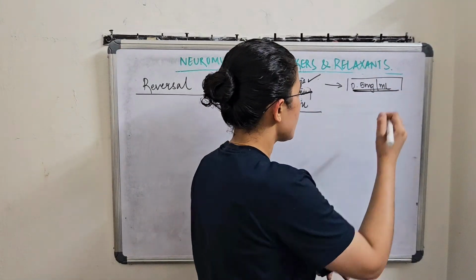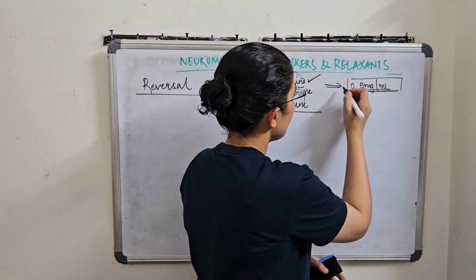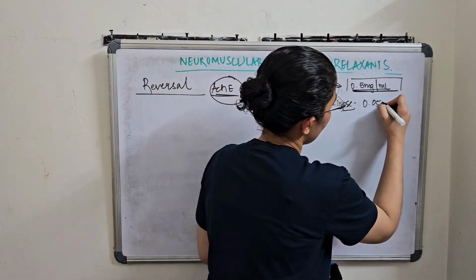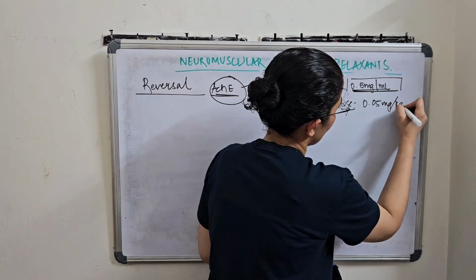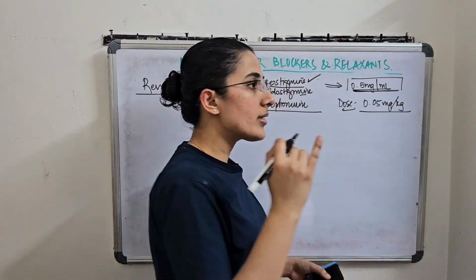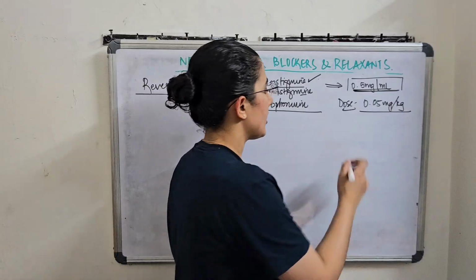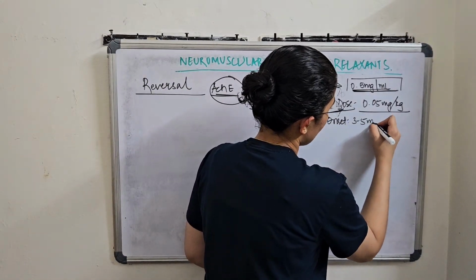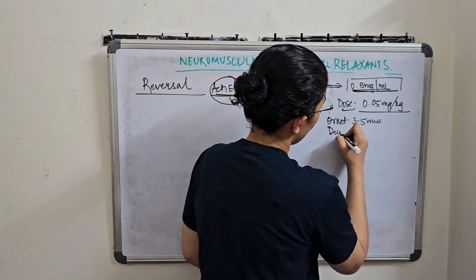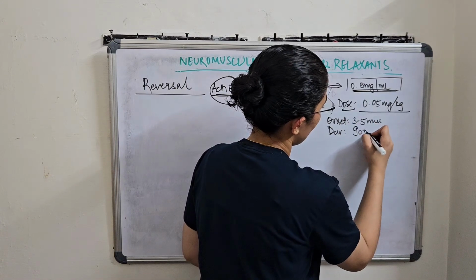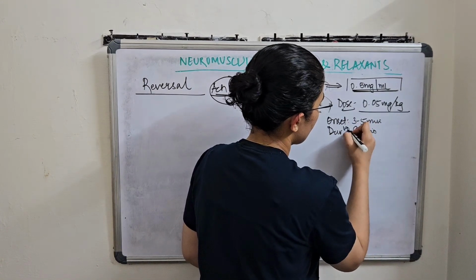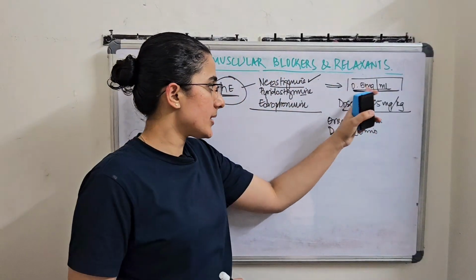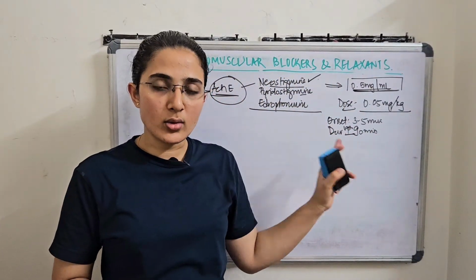It's a clear colorless solution, and neostigmine is given at a dose of 0.05 milligram per kg body weight. Right? The onset of action of neostigmine takes about 3 to 5 minutes, and the duration of action will persist up to 90 minutes. Okay, right? So these are the basic features which we have to know about neostigmine.